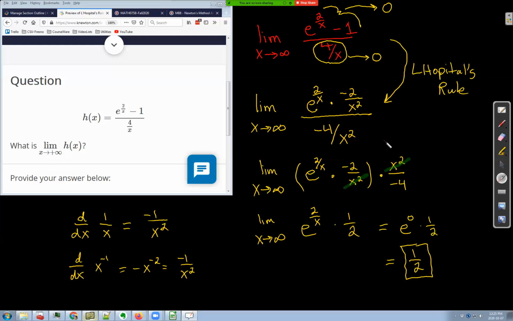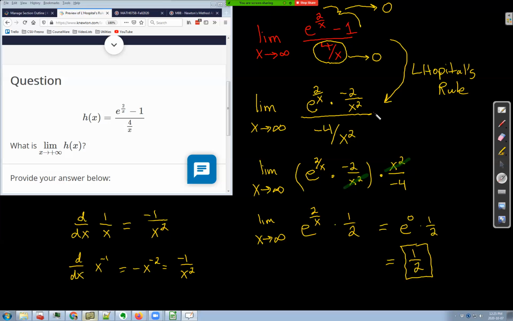So L'Hopital's rule sometimes is kind of tricky, and the moral is don't give up, or don't give up right away. Sometimes things look like they're getting worse, but if you look at them the right way, they actually are better.